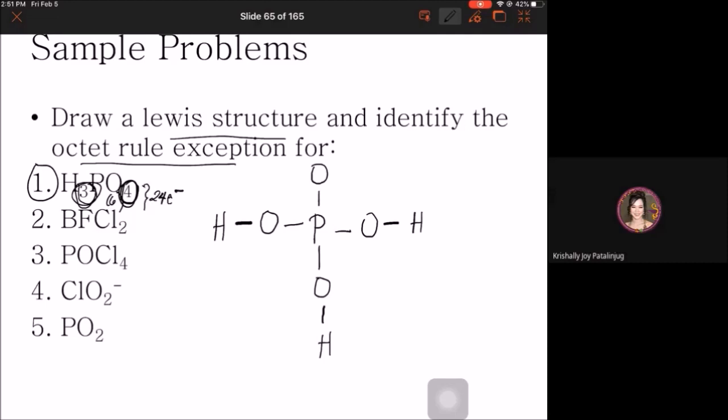Then for phosphorus, plus 5, then plus 3 for the hydrogens. So that is 32 electrons. Start distributing the remaining electrons to the first surrounding atoms, the ones on the outside, which are the oxygens, then the hydrogens.